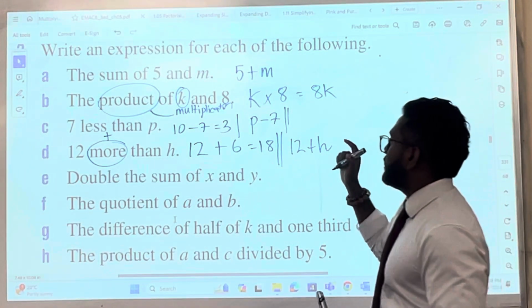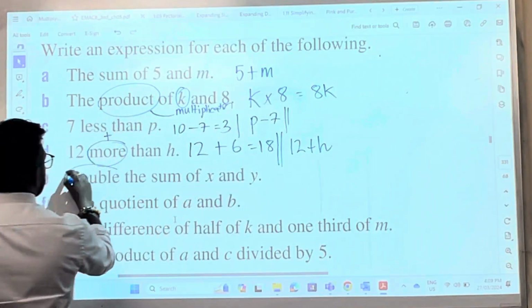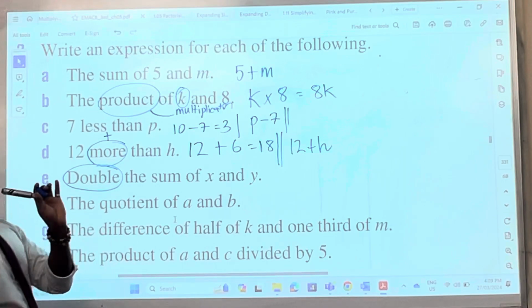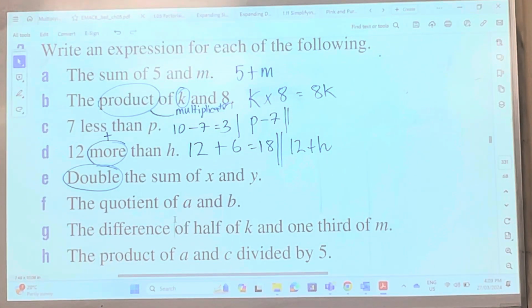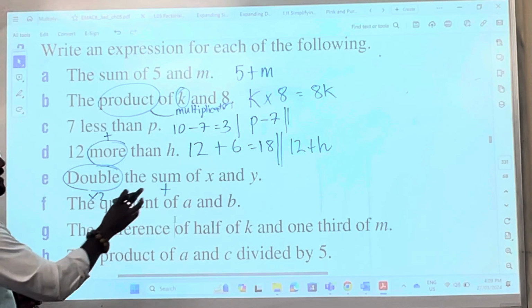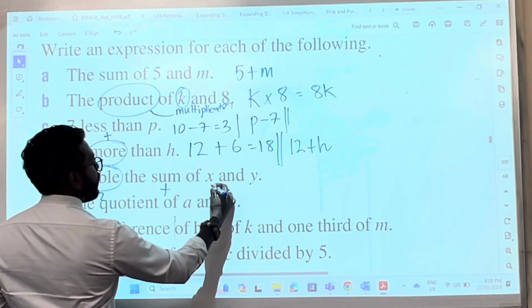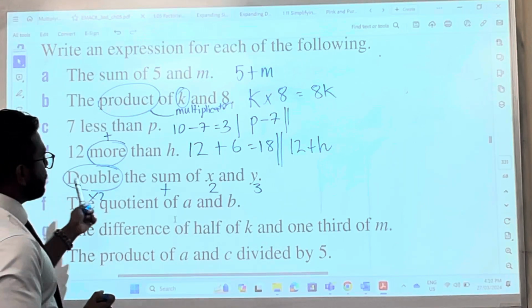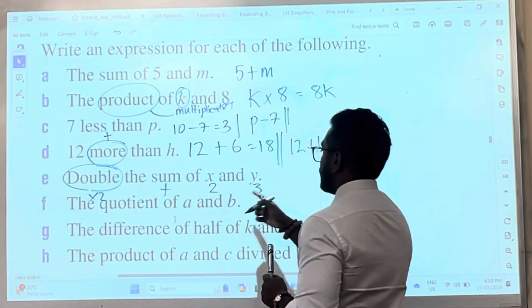This question says double. Double the sum of x and y. This looks very different because there's more than one operation going on. We've got double, which means times 2, and we've got sum, which means addition. Let's replace the x and the y with a 2 and a 3. Double the sum of 2 and 3.